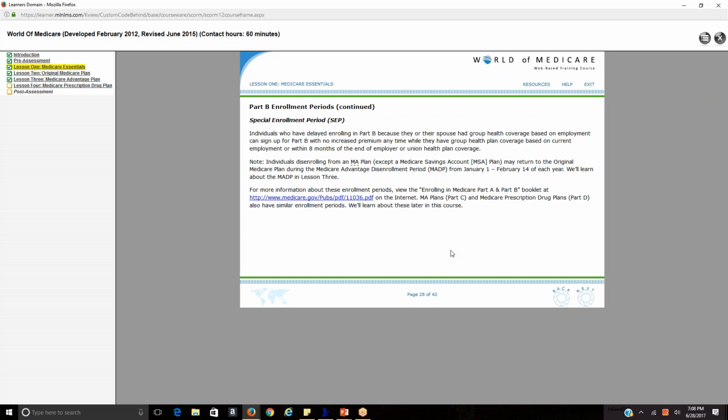So individuals who have worked and are still working full-time and have benefits will not incur any type of penalty as long as you enroll in Medicare within 8 months of the termination of the union health plan coverage. And you can enroll in Medicare during the time that you're employed, but again, that would be a secondary policy.